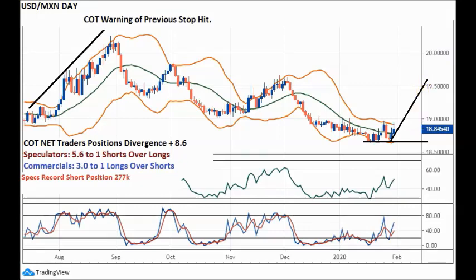Now, in terms of where you would want to go long, you could wait for 19 to give way. You can see that's quite a big level. I would go a little bit more aggressively. I would go through that double top there.